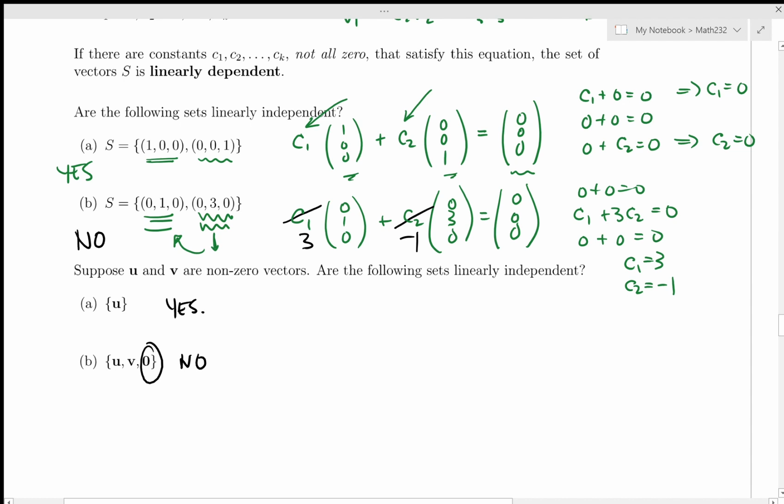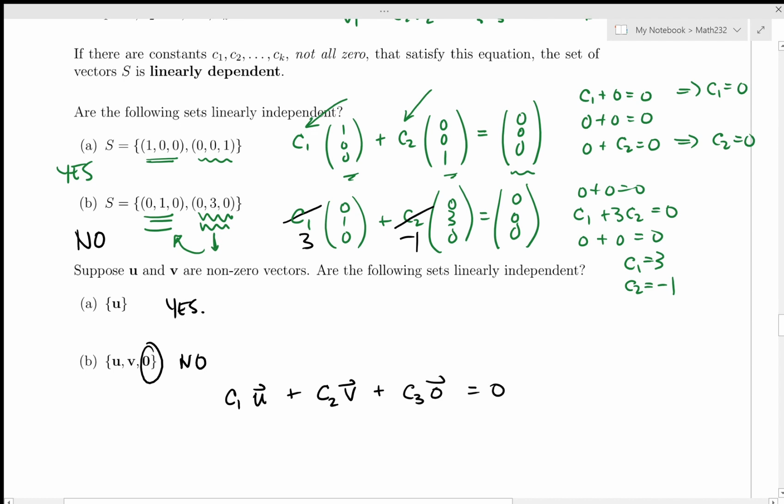Well, I'm wondering the same exact thing I always am. Can I find constants C1, C2, and C3 so that I can add this thing up to 0 and all the constants are not 0? So here I'm going to write that. I'm going to be saying to myself, can I do this? C1 times U plus C2 times V plus C3 times 0.